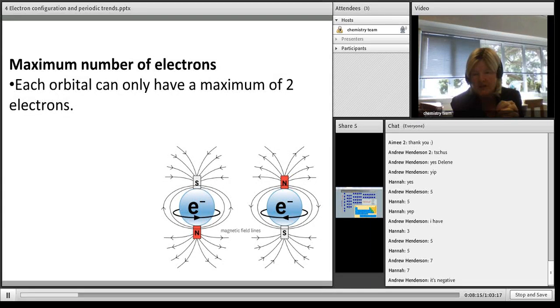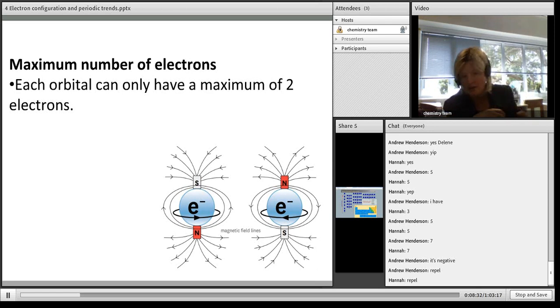So I see, Andrew, it's negative. Correct. Now, if I've got 2 negatives together, what are they going to want to do to each other? They repel. So if I have an electron in one region and I put another one there, they're going to want to repel each other.